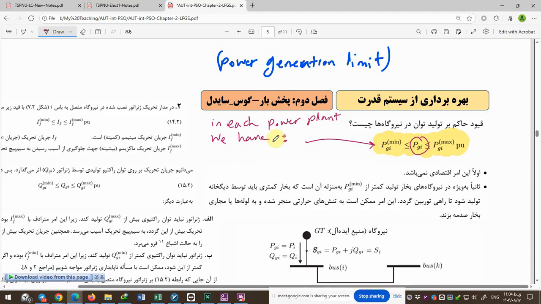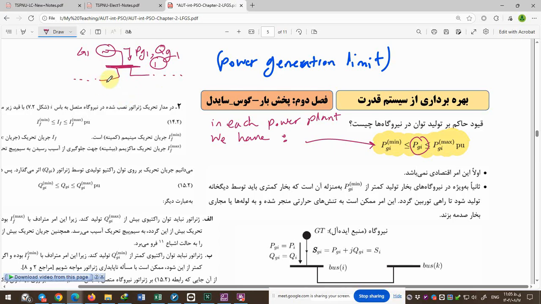For example, in a power plant which is located in bus number 1, generation 1, P generation 1 and Q generation 1, and the other part of the network is here.